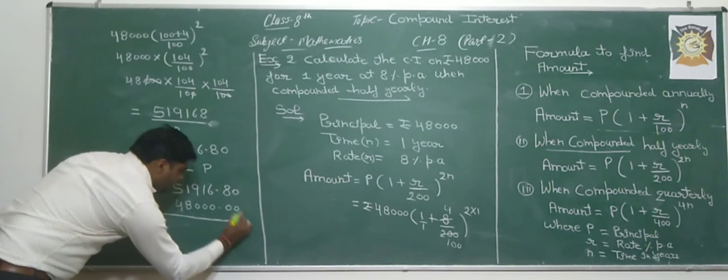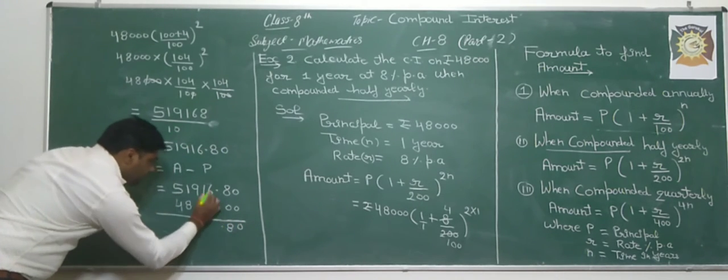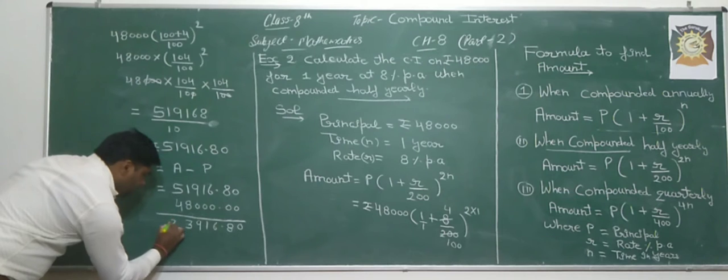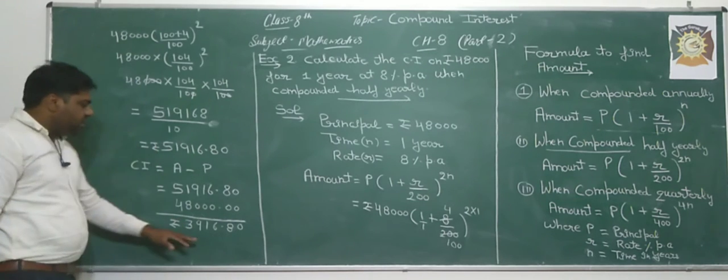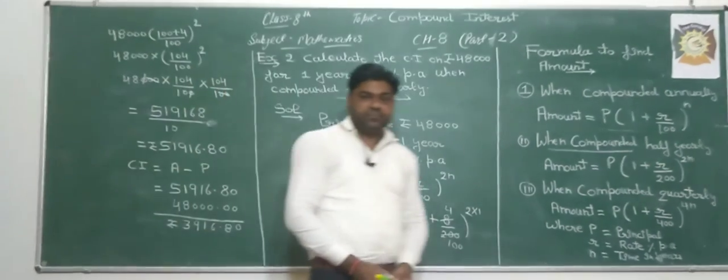So then it becomes 3,916 rupees and 80 paise.